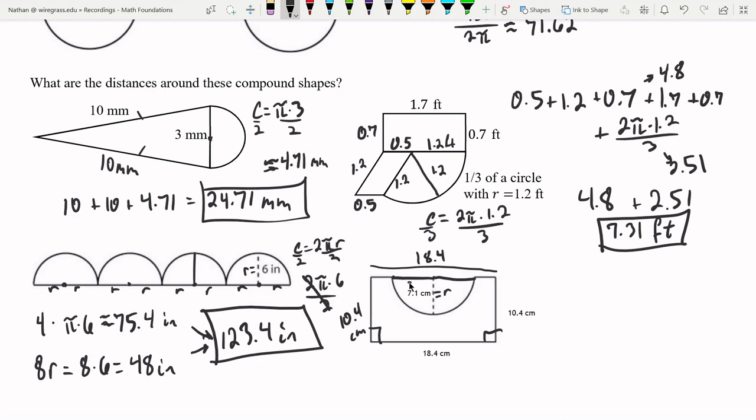So this is 7.1. This is 7.1. We need to take that off of this full distance here, and that will tell us this distance plus this distance. 18.4 minus 7.1 minus 7.1, 4.2, that's going to be centimeters. So just clean this up again.